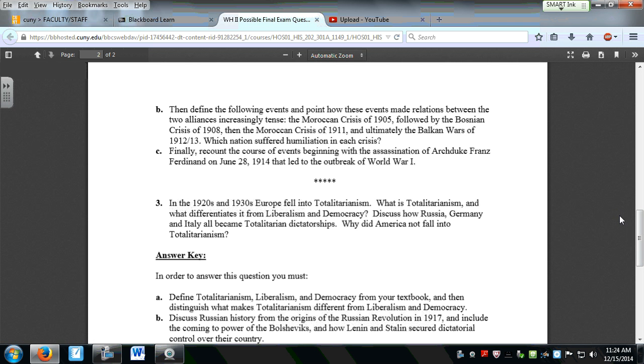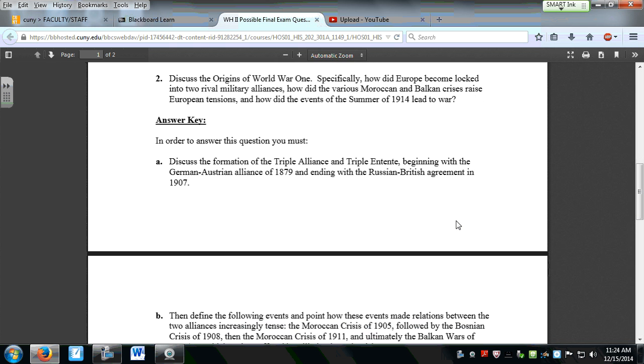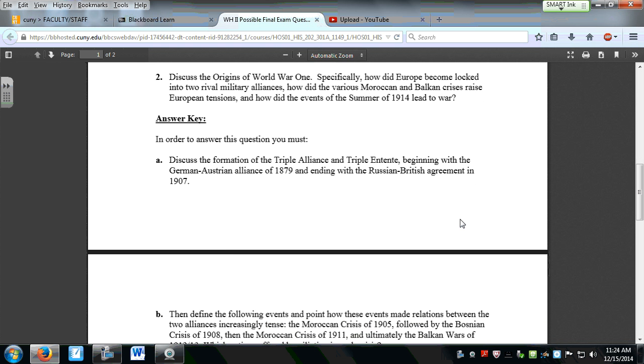So take a look at question number 2. I can't show you the whole answer key because it's too big, but I'm assuming some of you have printed this out. So take a look at the question, take a look at the answer key. Is there anything there that is unclear what it is that I'm asking for?